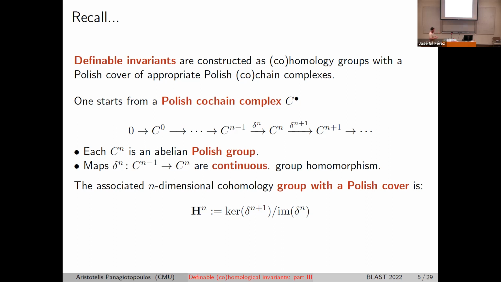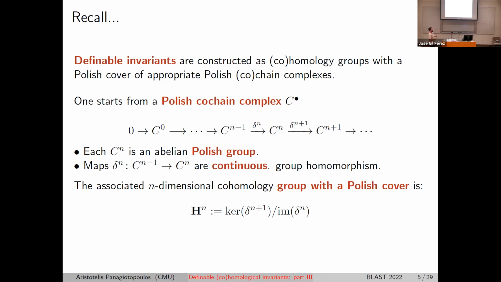So yeah, the setup is like that in the definable context. You have this cochain complex where these groups are not just groups, but have a topology which makes them Polish groups. And the maps have to respect the topology, so they are just continuous, right? And the homology group here, we don't view it as an abstract group, but we view it as a group with a Polish cover.